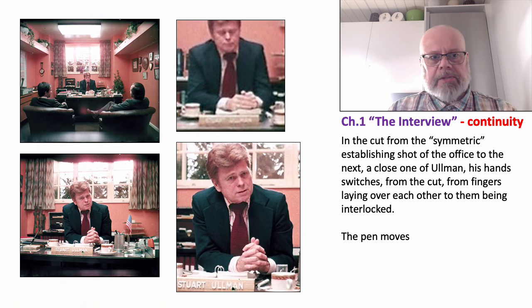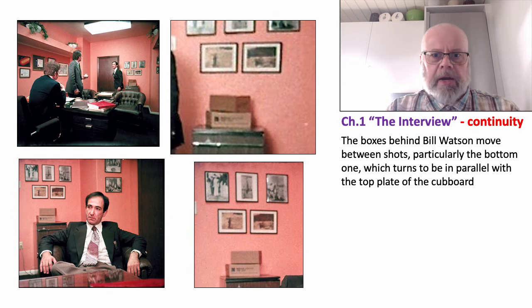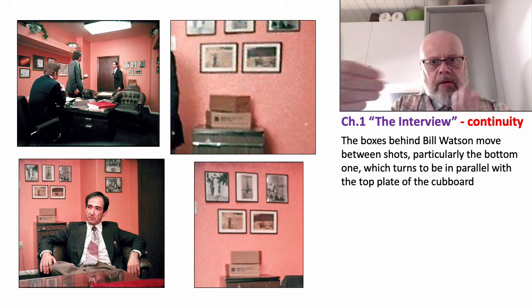In the cut from the symmetric establishing shot of the office to the next, a close-up of Ullman, his hand switches from fingers laying over each other to them being interlocked or folded like this. A small continuity problem, but still. The pen moves. There's a white pen next to his sleeve. The boxes behind Bill Watson move between shots. They are rearranged sort of horizontally.